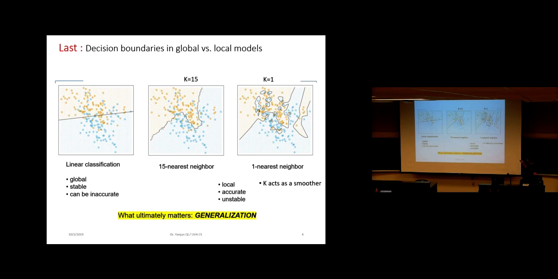This is a very bizarre segmentation, because a small change in the training data makes the segmentation vary a lot. But K equals 1 has no error at all on the training loss; it minimizes the training error to 0.